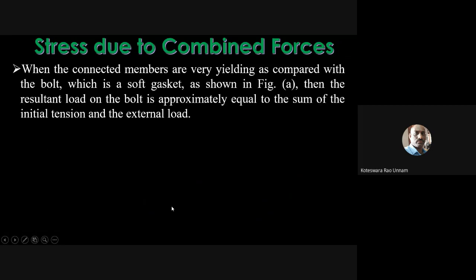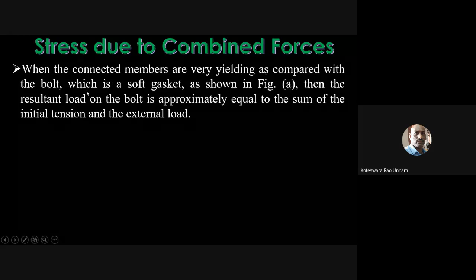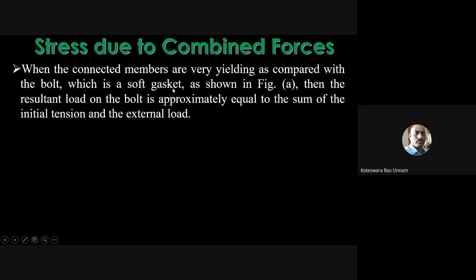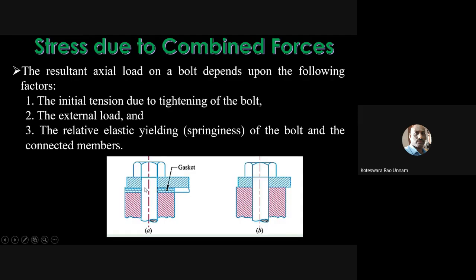Here, when the connected members are very yielding as compared with the bolt, with a soft gasket as I showed in the first figure, then the resultant load on the bolt is approximately equal to the sum of the initial tension and the external load. Since you are using a soft gasket, it is not capable of taking any load; these connecting members are going to yield very easily.